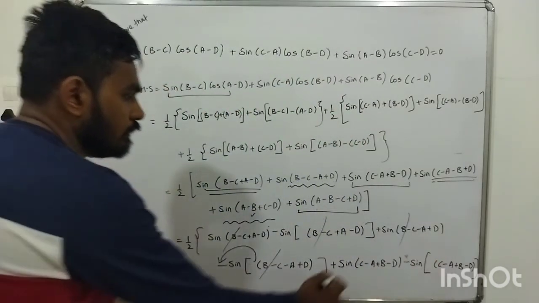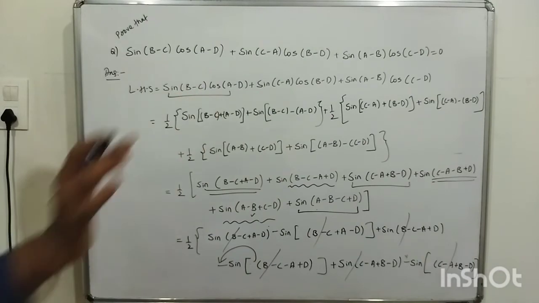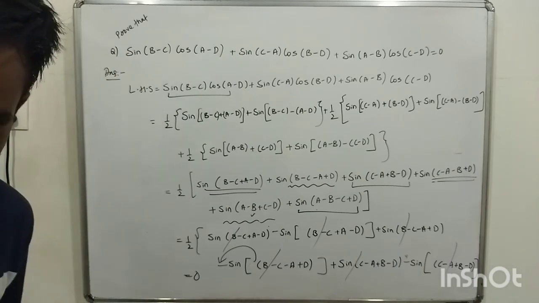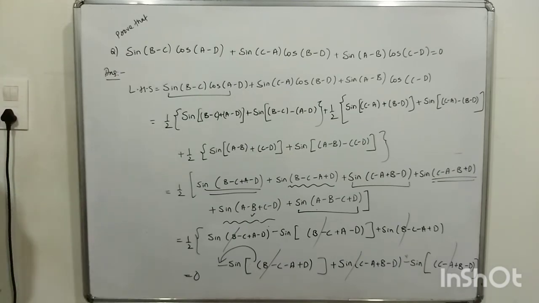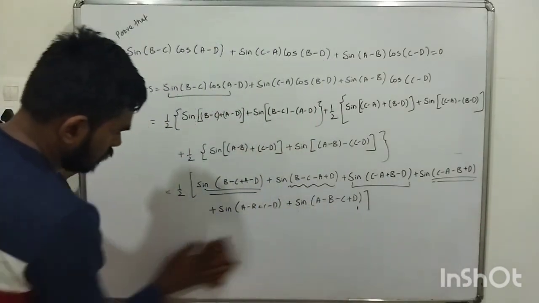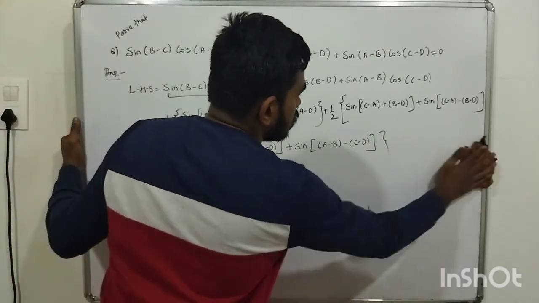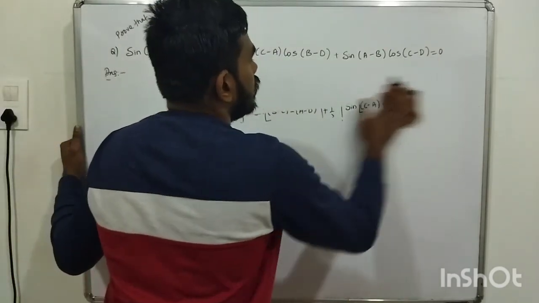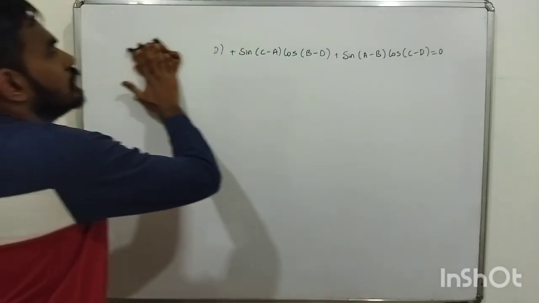And then this will get cancelled with this. So finally we get 0 everywhere, correct? So the answer of this is 0, which is equal to RHS. Okay. So this way we get this answer. So drop this. Okay. So this is the way we solve this problem.